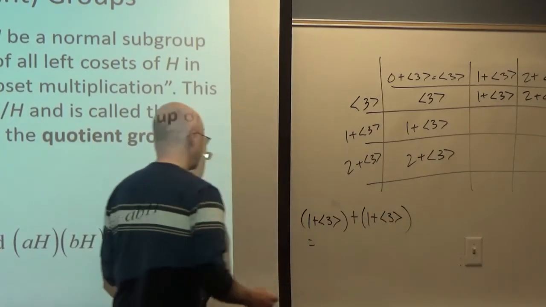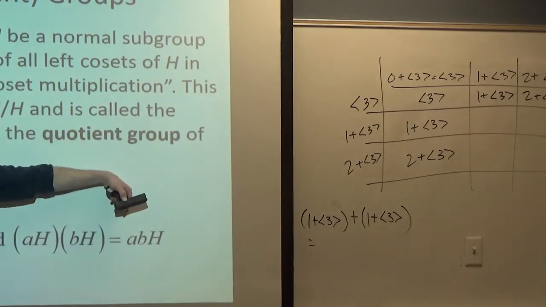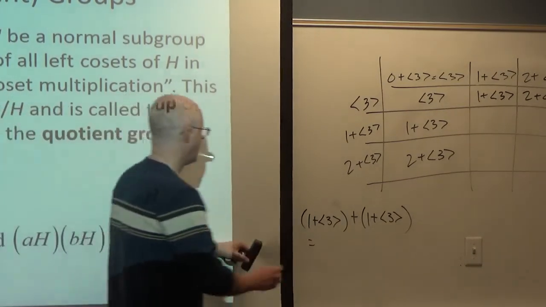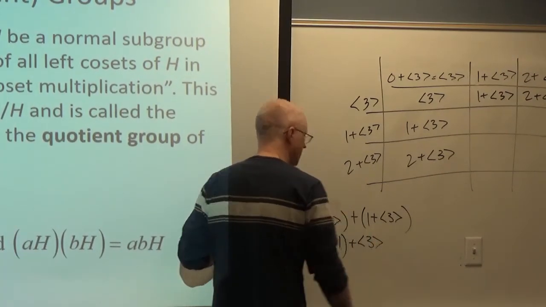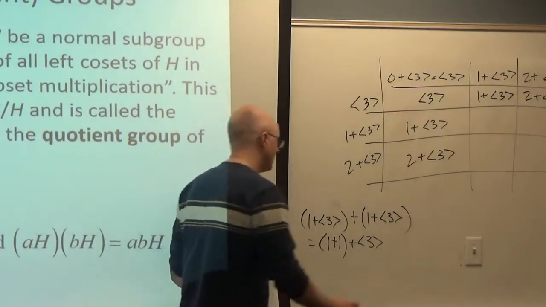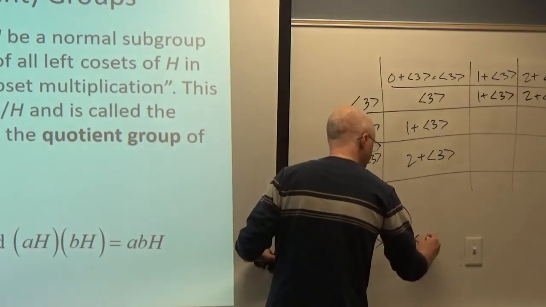I need to add the coset representatives, just like I'm multiplying the coset representatives here. I need to do 1 plus 1 plus the subgroup generated by 3. Gives me this.